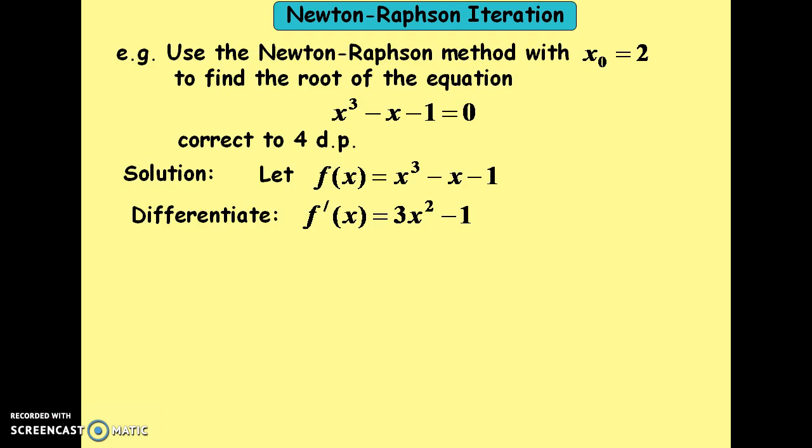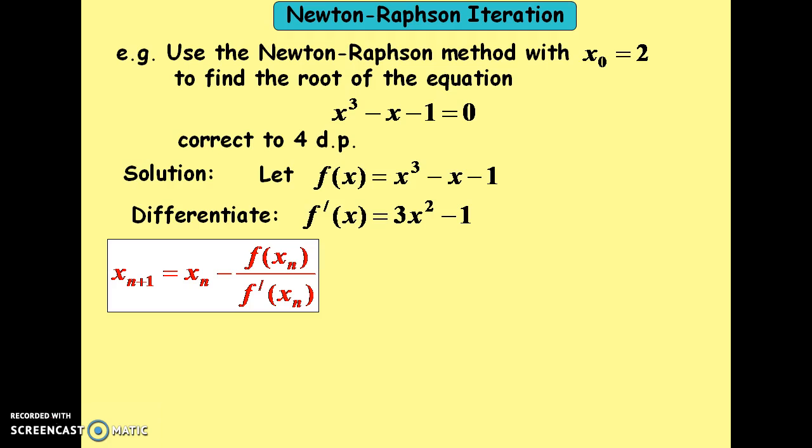Here is an example. Use the Newton-Raphson method with x naught equal to 2 as the initial approximate root. Find the actual root of this equation, correct up to 4 decimal places. Here f(x) is this, and f dash is the derivative of this.